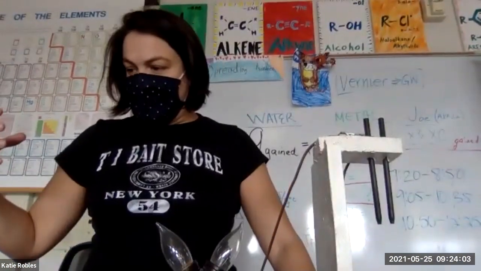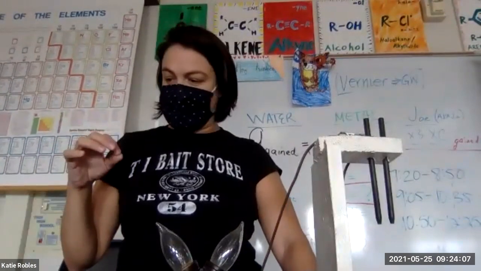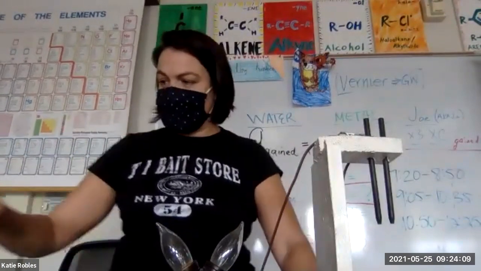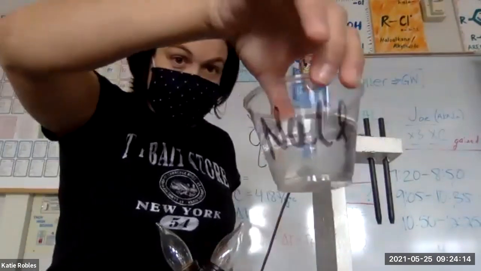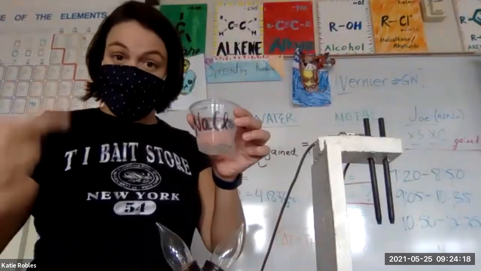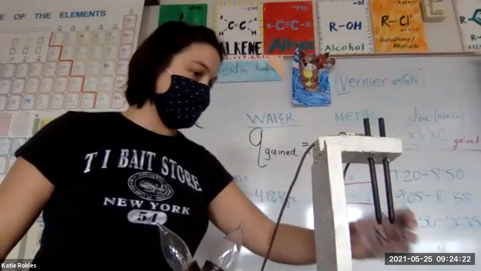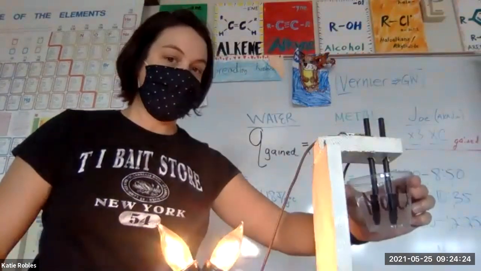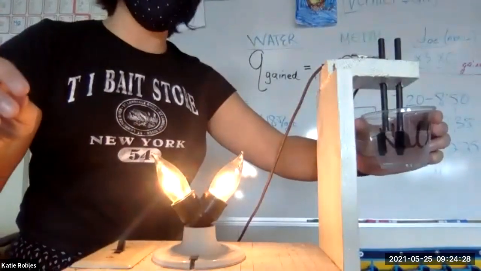If you have an electrolyte, and I'm not going to go in any specific order, the one I was just talking about is salt, NaCl. This is a solution of salt dissolved in water. When I take this solution and go here, I can tell that it is an electrolyte.